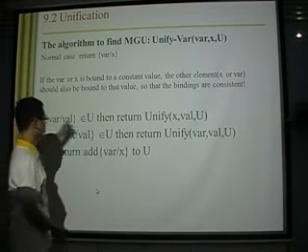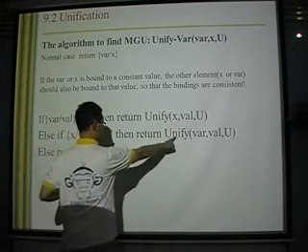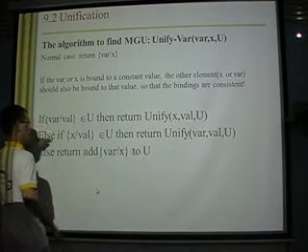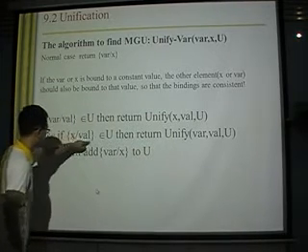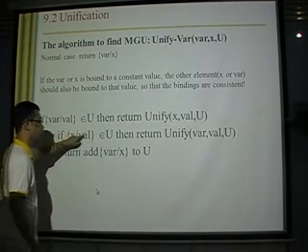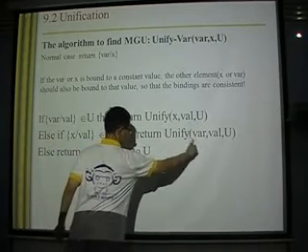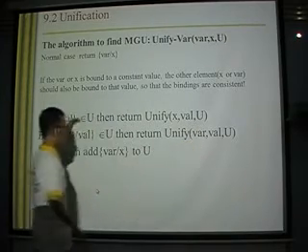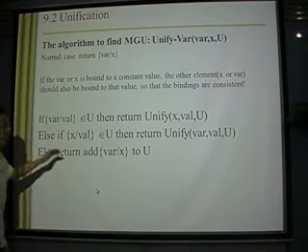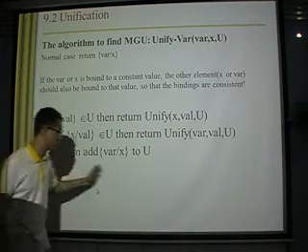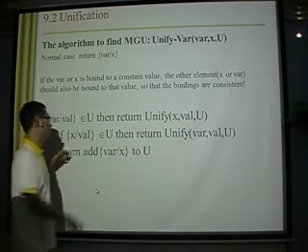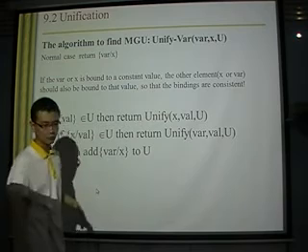So we add the two lines here. If either of them is bound to a constant value, then we should bind the other one to the value too. If neither is the case, then we can perform the normal idea of applying one of them to the variable.